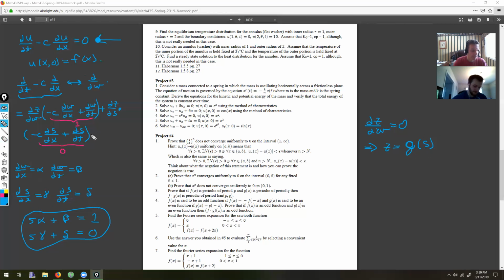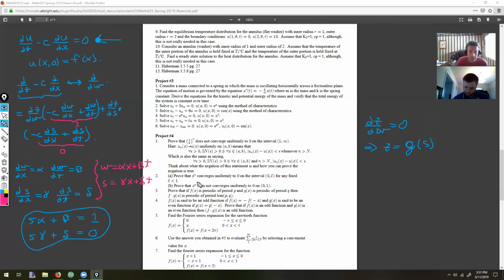I didn't write that out back here previously, but you see, from these equations right here, w equals alpha x plus beta t, and s is equal to gamma x plus delta t.